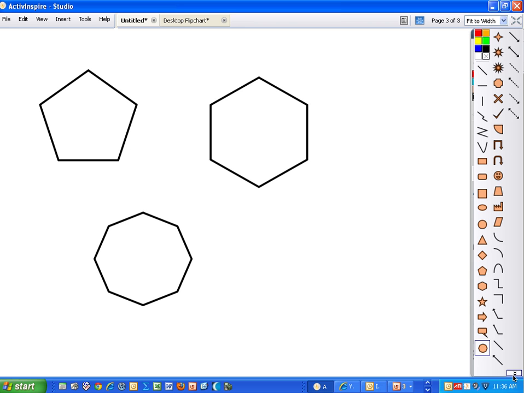What if I had a regular 30gon? That's going to start to look an awful lot like what? Circle. Yeah. As the number of sides of the regular polygon increases, wouldn't you agree that each side becomes smaller and smaller and smaller, and the angle between them starts to flatten out, right? And so it starts to look an awful lot like a circle. If I were to try to draw, for example, on this board, a regular 200gon, it would look like a circle.